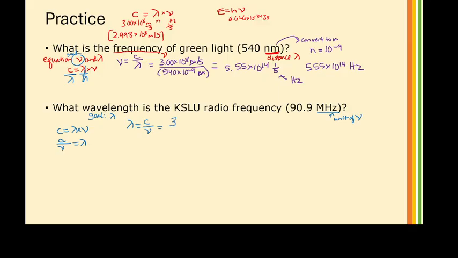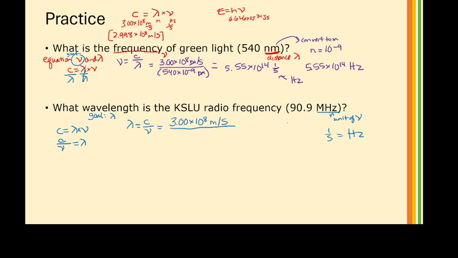So my speed of light, 3 times 10 to the 8th meters per second. And again, I want to be left with something in meters for wavelength. I want the seconds to cancel. So I really don't want to use megahertz. I want to convert this to inverse seconds. But 1 hertz is that. So I really need to get it into hertz.